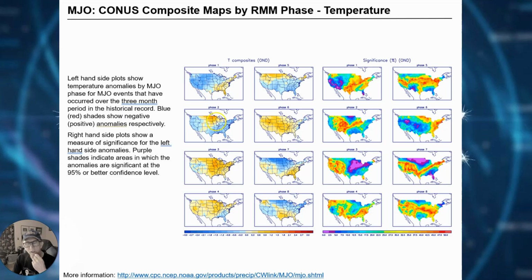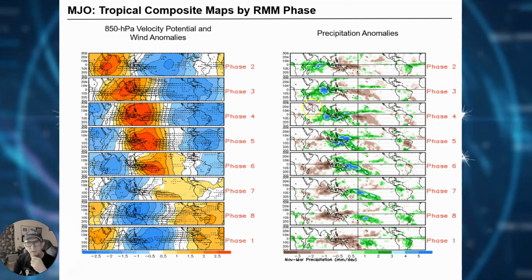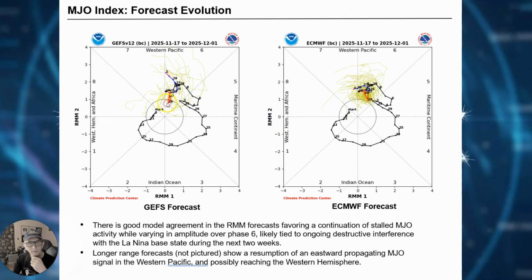In phase 2, you see here how it's more favorable for the southeast for cooler temps, and the northern tier of the U.S. less favorable, right? So as we move towards these phases, we're about in phase 6 right now, which explains the warmer temps for most of the U.S. So if we go back here, see we're in phase 6. All right.